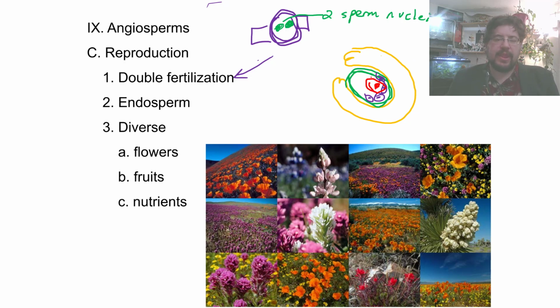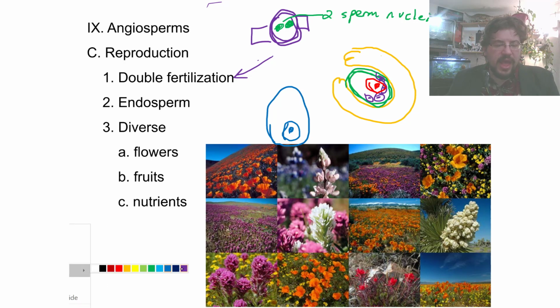But there is an important note regarding the tissue surrounding the egg. So if we focus in, here's my egg. All the tissue surrounding the egg that will become the nutrient tissue for the developing embryo, right?